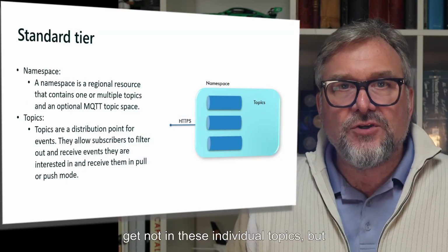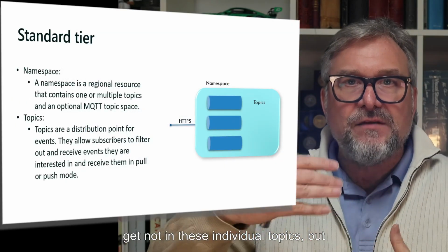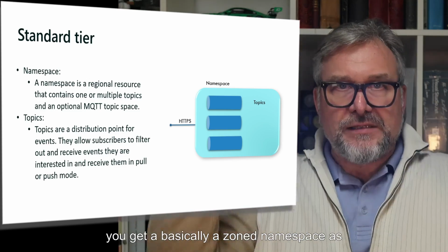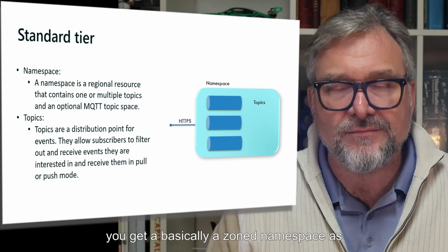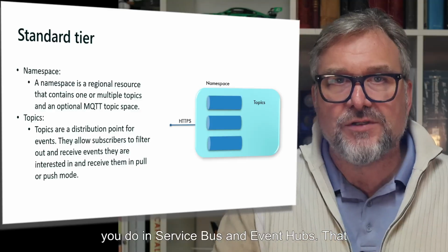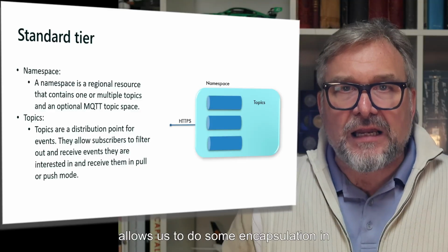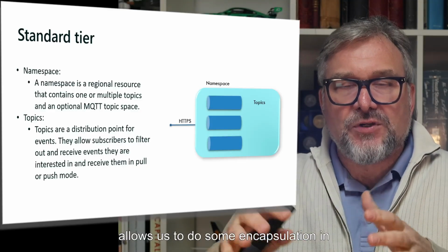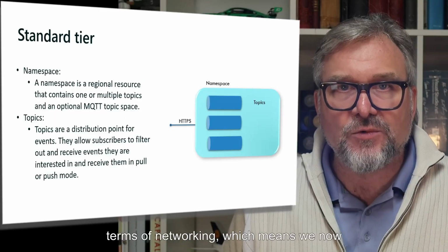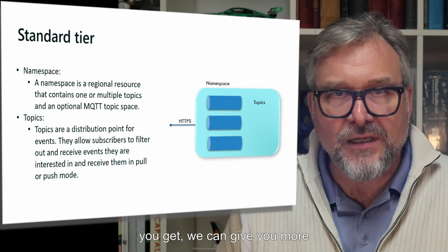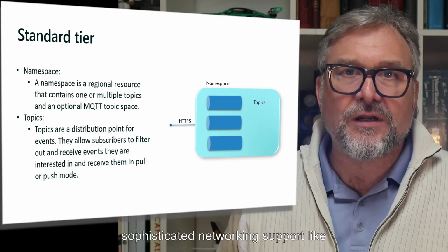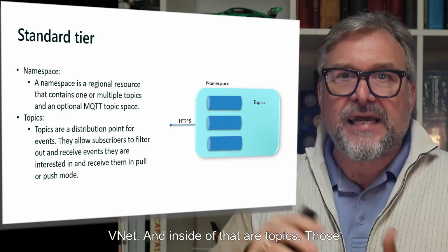Standard tier, you get not these individual topics, but you get basically a zoned namespace, as you do in Service Bus and Event Hubs. That allows us to do some encapsulation in terms of networking, which means we can give you more sophisticated networking support like VNet. And inside of that are topics.